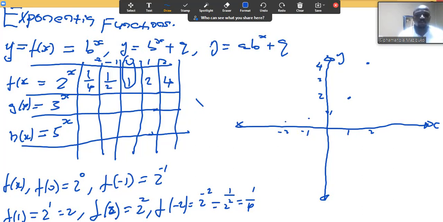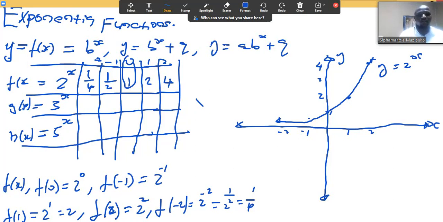So it will be a graph like that one. This is how we sketch it. Basically this is y equal to 2 to the power x, and this is our exponential graph.